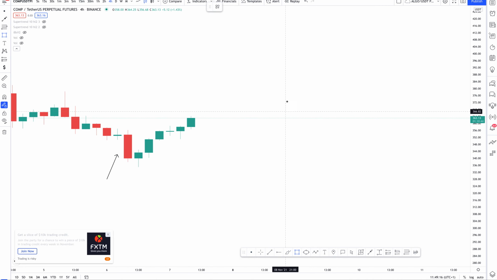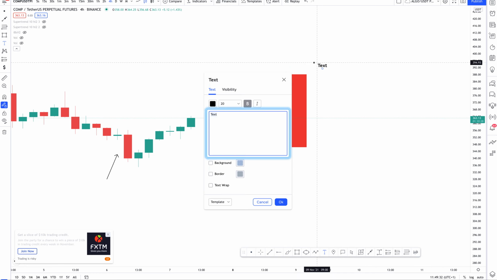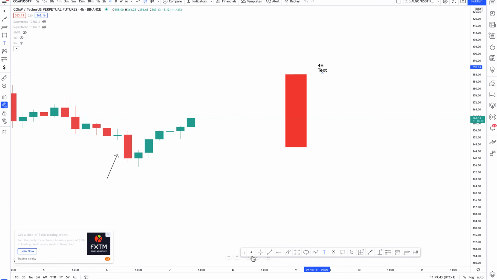Let's say we have this as our candle, and let's say this is a 4-hour chart, a 4-hour candle.